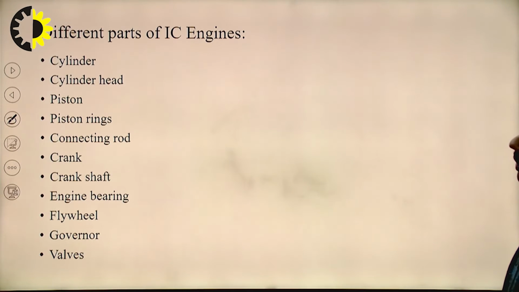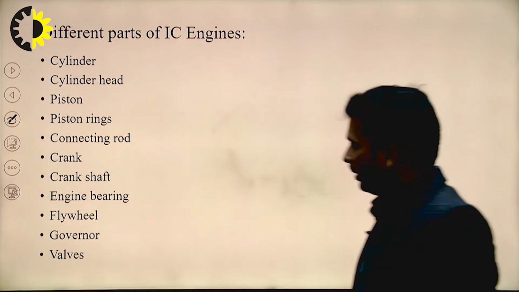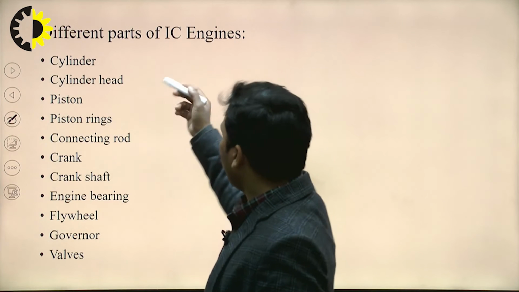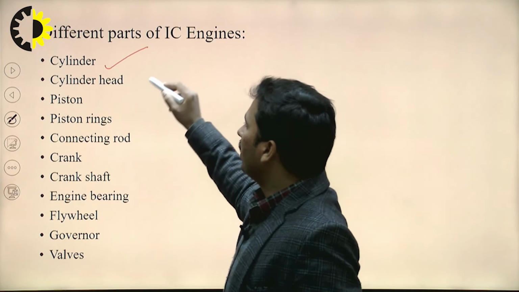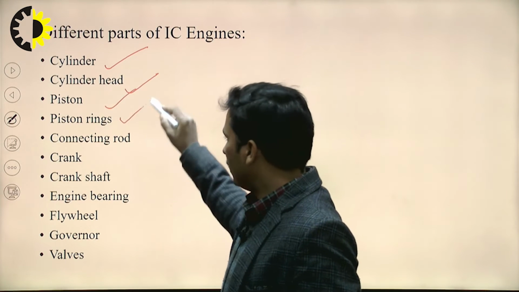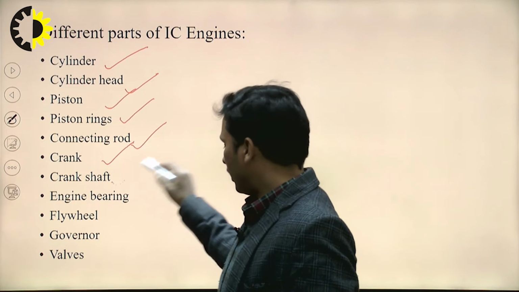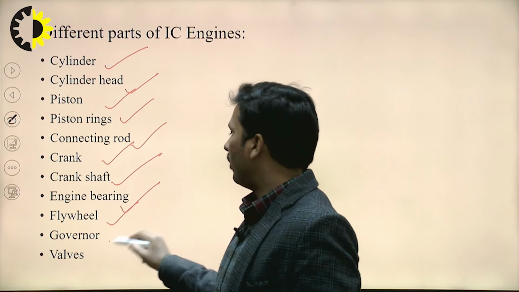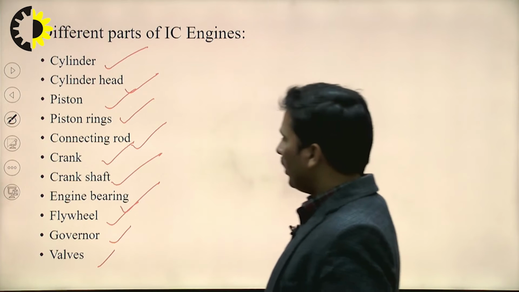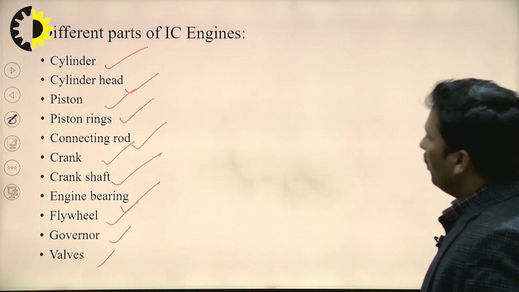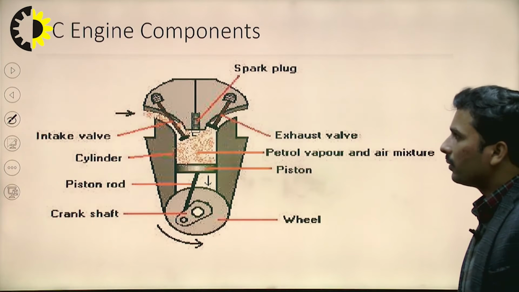If we look at the different parts of the internal combustion engine, some of the important parts are cylinder, cylinder head, piston, piston rings, connecting rod, crank, crankshaft, engine bearing, flywheel, governor and valve. There are many other components, but mainly these are the basic components.